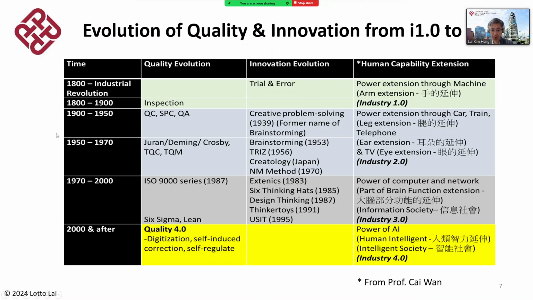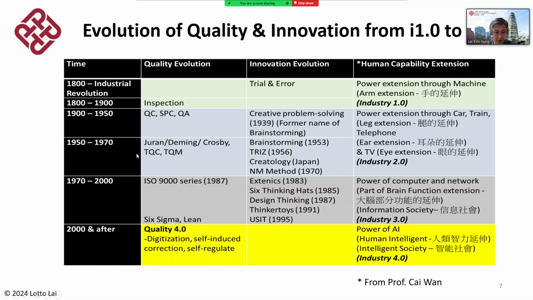So in this table, there's more detail about each part, separated into industrial 1.0, 2.0, 3.0, and 4.0. In the quality evolution, we started from inspection.